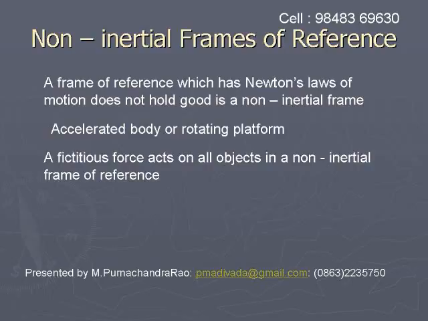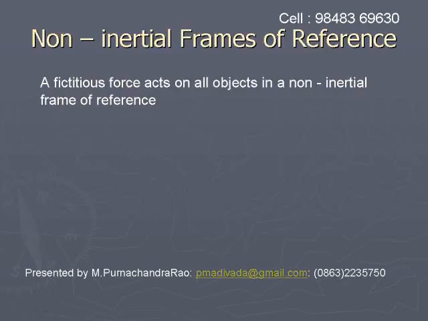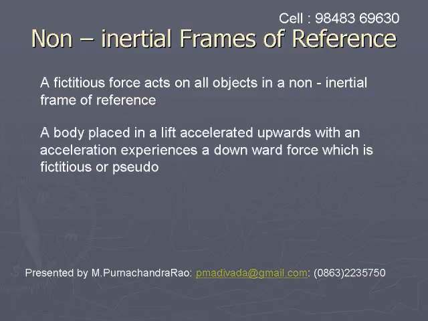In non-inertial frames of reference, objects will experience a pseudo force. It is not a real force like gravitational force. For example, if a body is placed in a lift accelerated upwards with an acceleration, it experiences a downward force, which is a fictitious force or pseudo force.